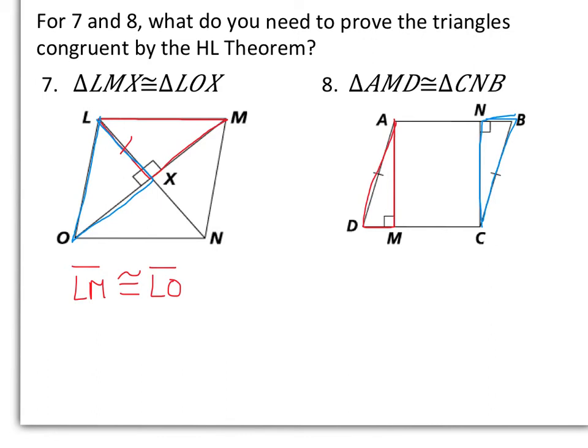Are either of our legs congruent? So there's more than one answer here. We could either be told that side AM is congruent to side NC, and we'd be good, or side DM congruent to side NB. We would need one of those pairs of legs to be congruent.